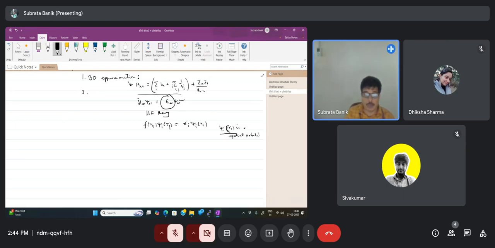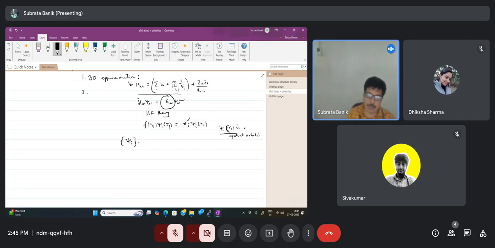Now, for psi_i, I don't have one, I have a set of them. Depending on how many electrons we have, there will be n/2 occupied and an infinite number of virtual orbitals. If we include this here, I get the orbital energy and the function back. The problem is I don't have a form of psi_i. I don't have a form of the molecular orbitals.